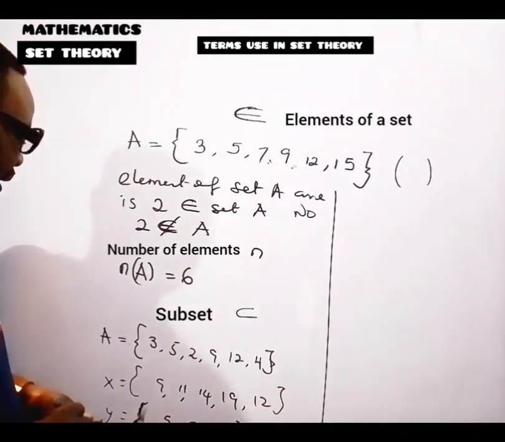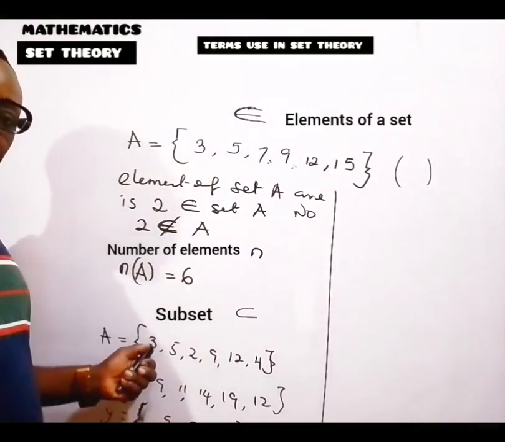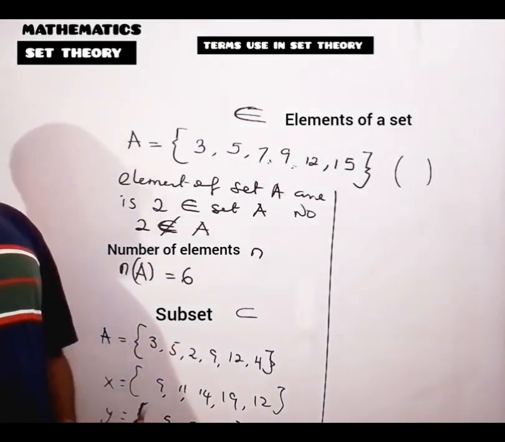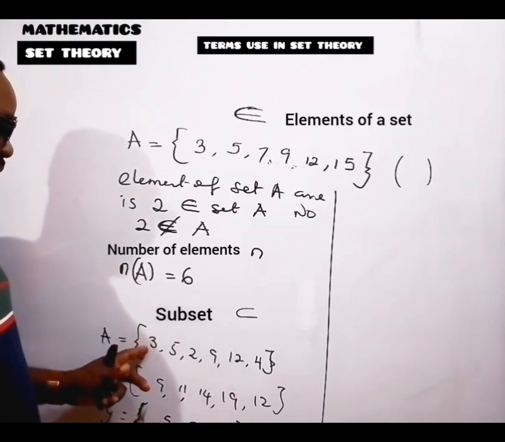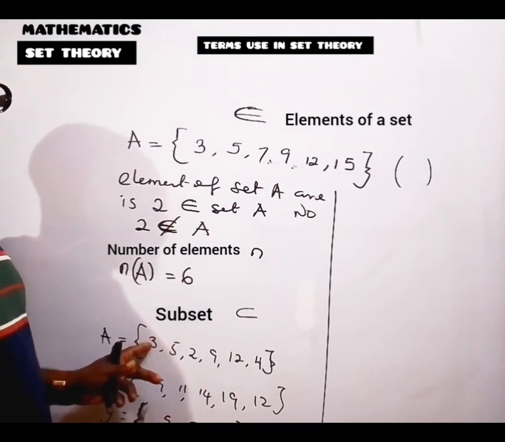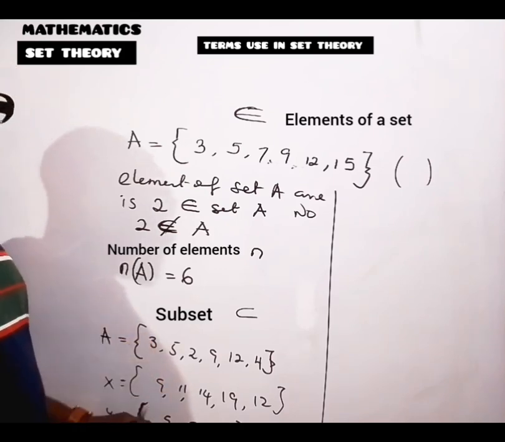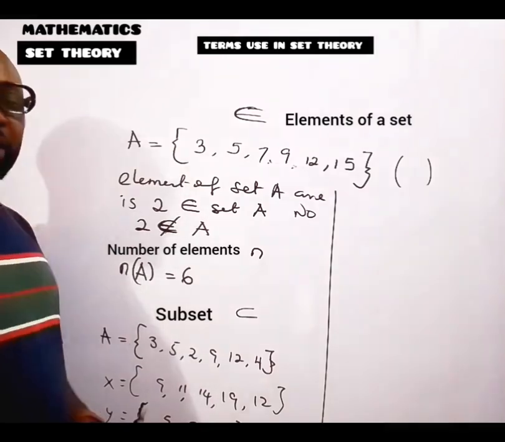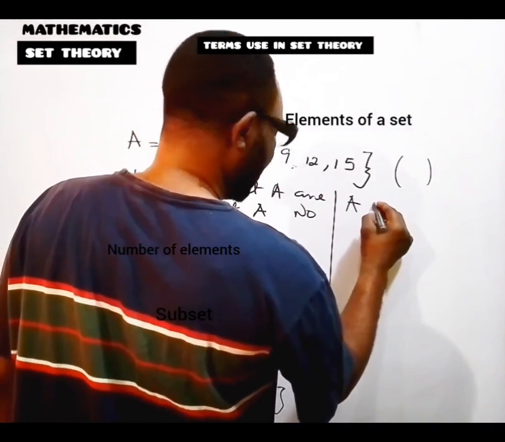Now, you can see that all the elements in Y are in A, so there are some elements in set A that are not in Y. That gives us the impression that every element in Y is in A, while some other elements in A are not in Y, which makes A a superset of set Y. So A is a superset of set Y. You now make use of this symbol.